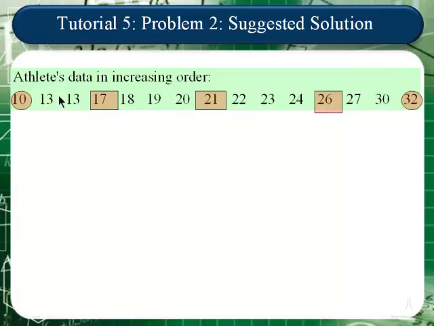Let us consider a suggested solution to problem 2 of tutorial 5. Now here is the athlete's data, and I've indicated percentiles 0, 25, 50, 75 and 100. Note that the quartiles Q1, Q2 and Q3 divide the data set into 4 equal parts.